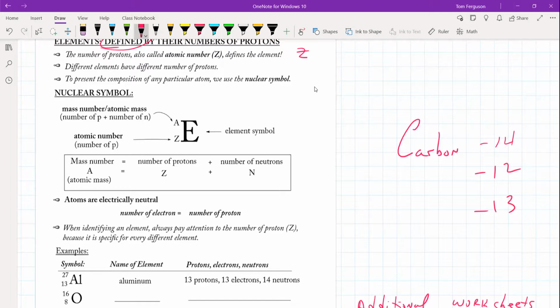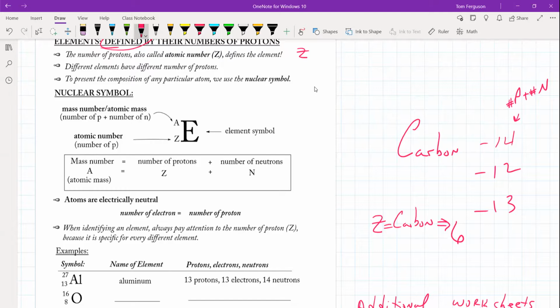What that refers to is the number of protons and the number of neutrons. Okay. The Z for carbon is 6. That cannot change, because if that changes, it's no longer carbon. So what does that mean then when I say carbon-14?